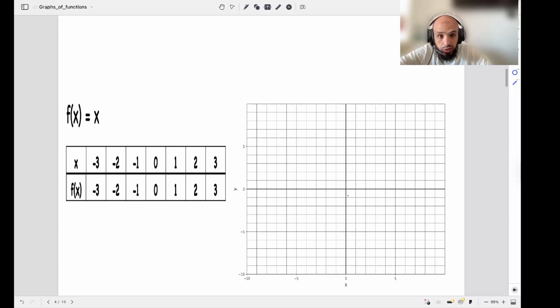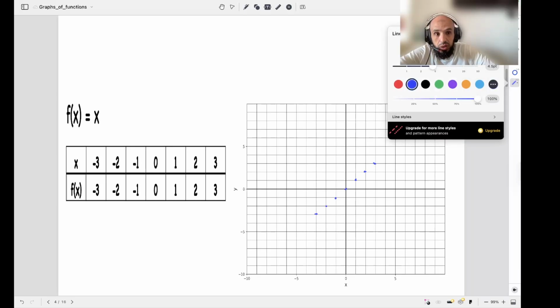For example, when x is equal to negative 3, f of x is equal to negative 3 as well, so we put a point here. When x is equal to negative 2, f of x is equal to negative 2, and when x is equal to negative 1, y is equal to negative 1, and when x is equal to 0, and so on. And then if we connect all these points, we get a straight line.